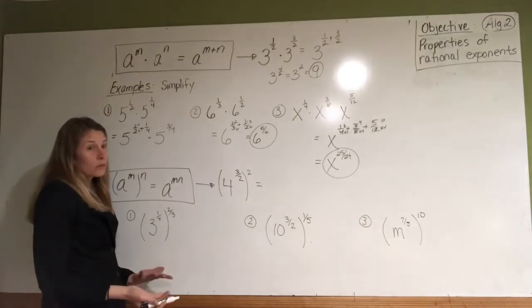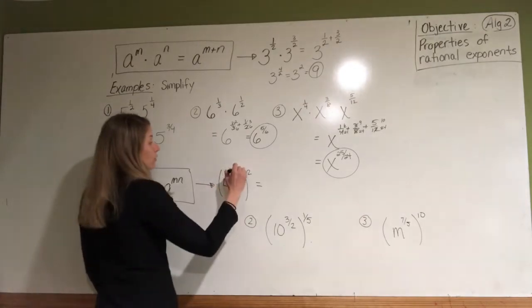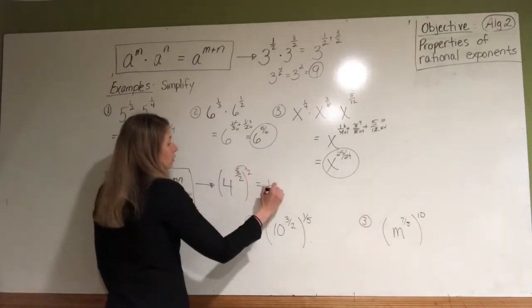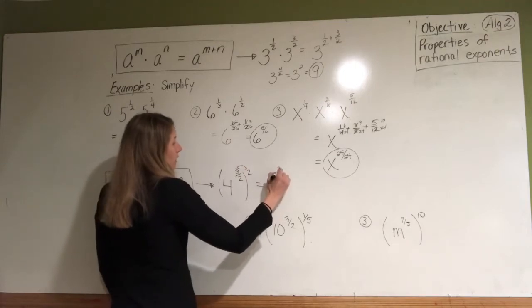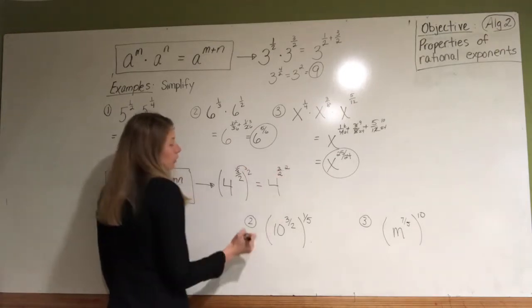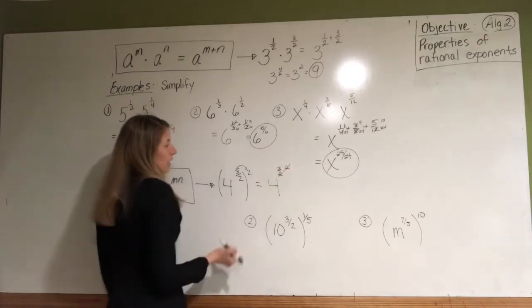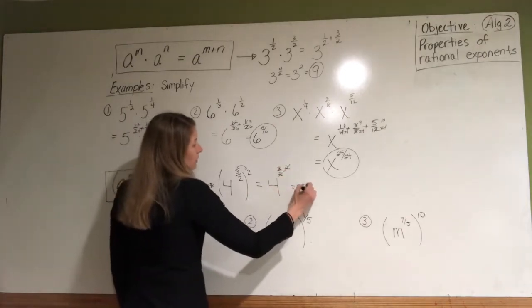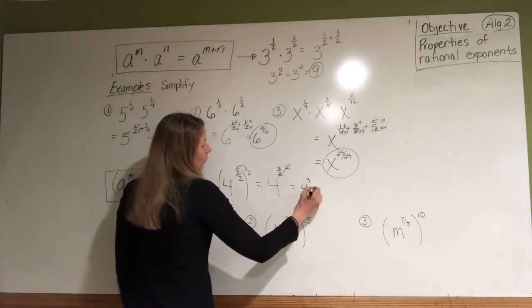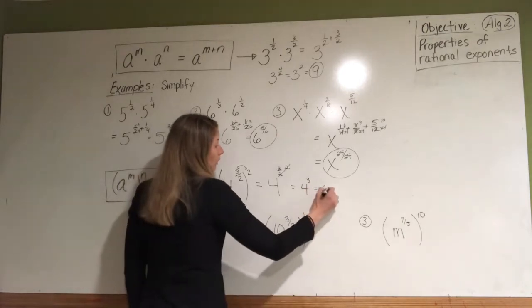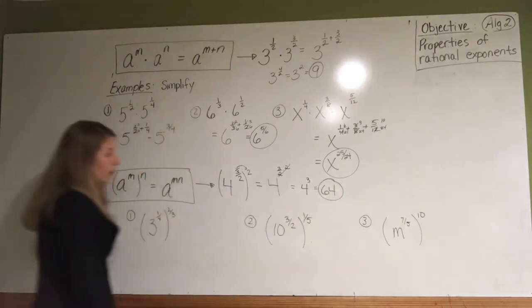So we're going to multiply these two. Here I have 3 over 2 multiplied by 2, and of course in this case the 2's would cancel, so we would just be left with 4 to the 3rd power, which you can work all the way out to 64.